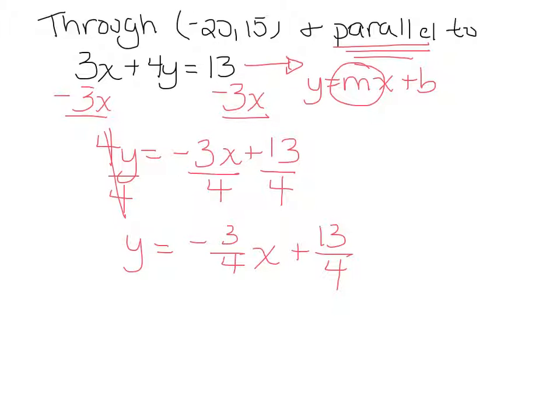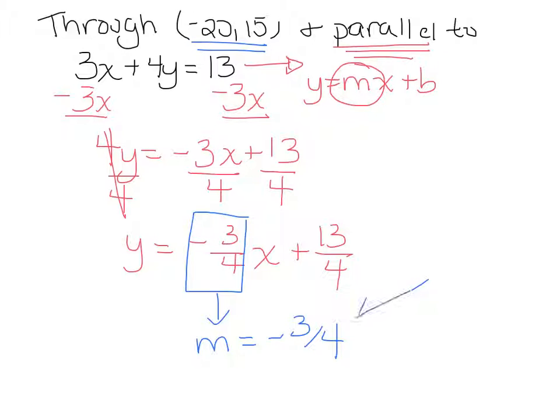Now that it's in the form y equals mx plus b, we can clearly state that the slope of this line is negative 3/4.